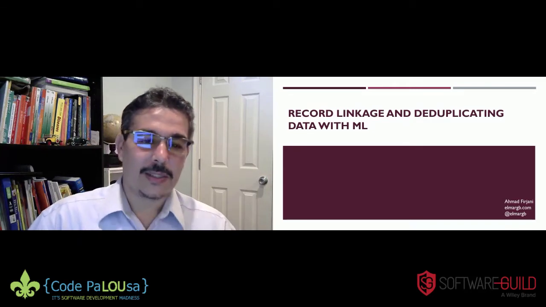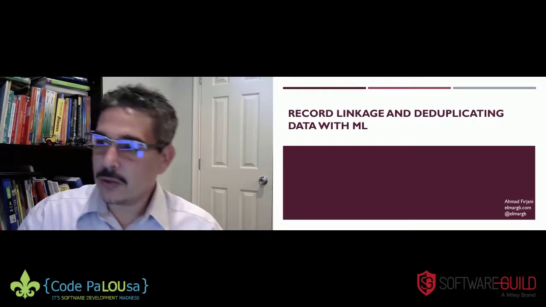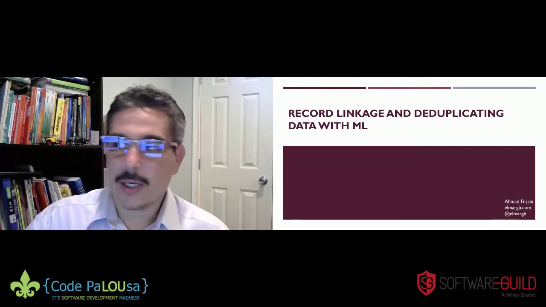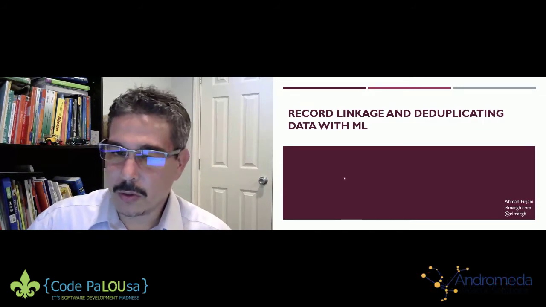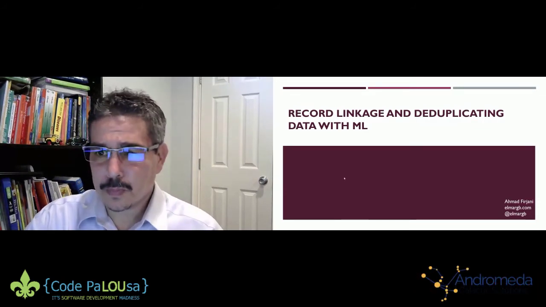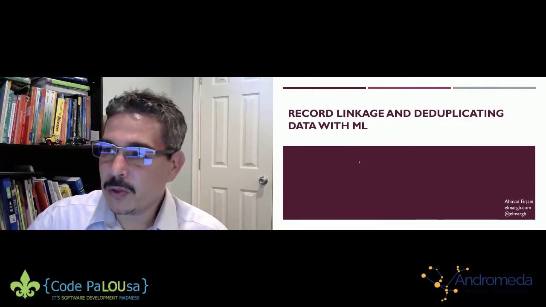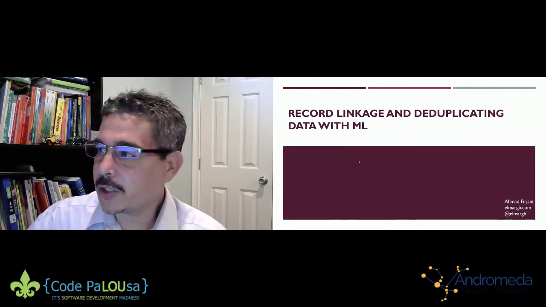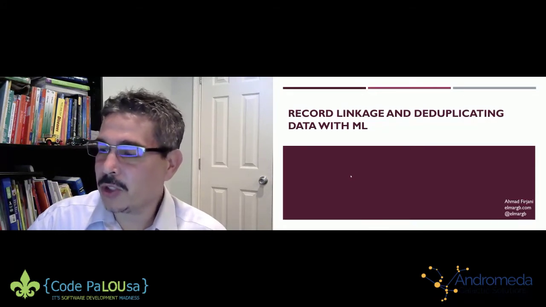Okay, so let's get started. What's record linkage and deduplication data? In this presentation, we will go with an overview of the algorithms that people use for record linkage, and also record matching or deduping.